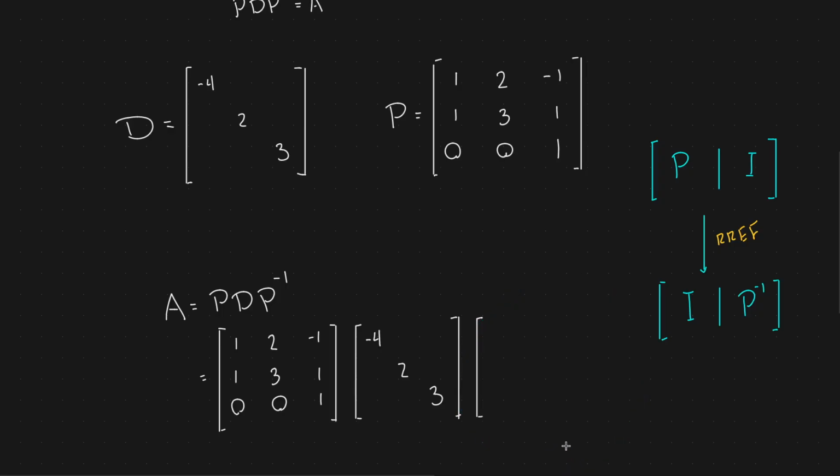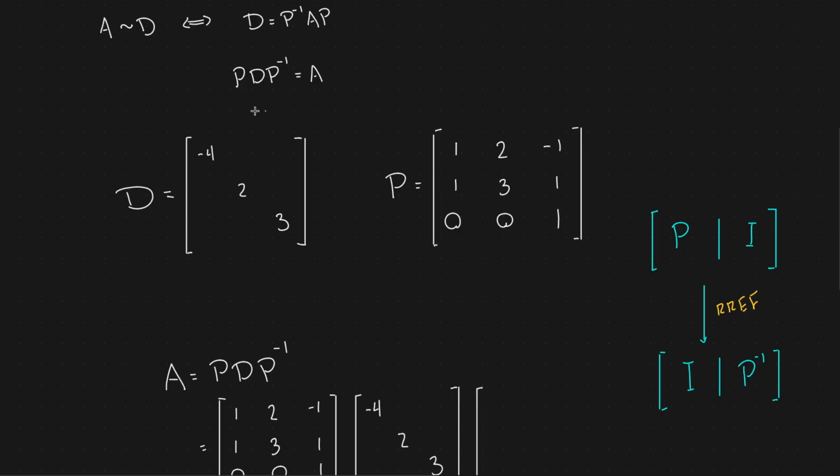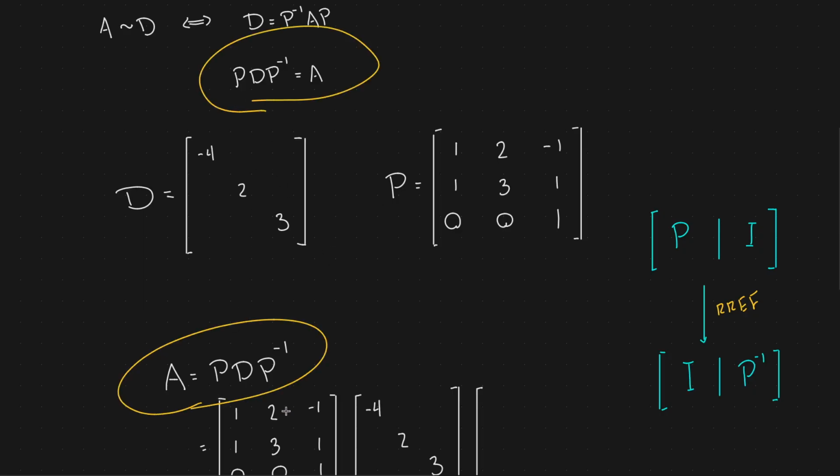Do make sure you get the order right here. I want P D P inverse. P has to be the matrix on the left. Don't mix these two up, okay? It can be a little tricky because sometimes we write it one way and sometimes we write it another way.